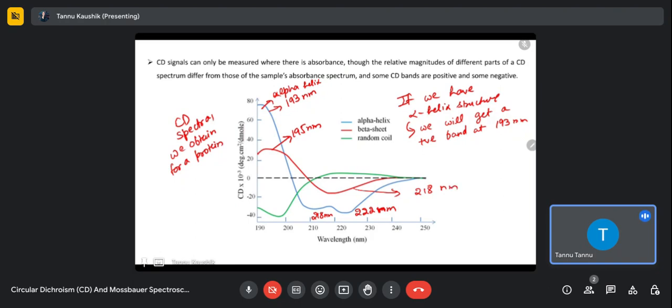And if we have a protein for which we are getting this kind of peak, that is a negative band and no peak in the positive side, then it will show the random structure of the protein.